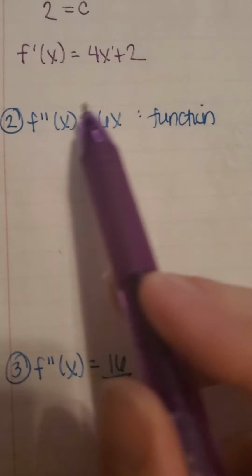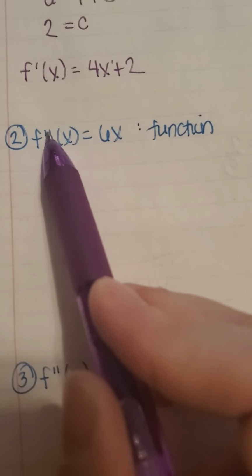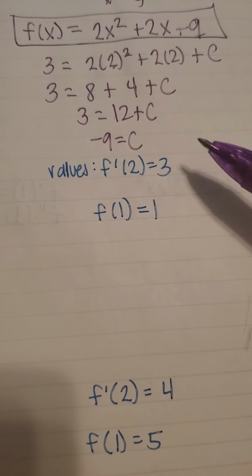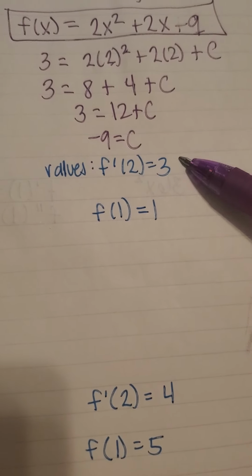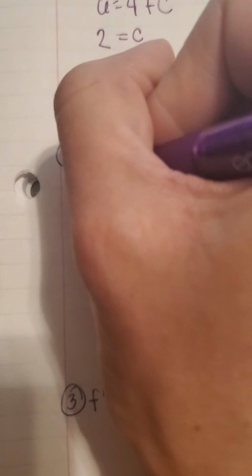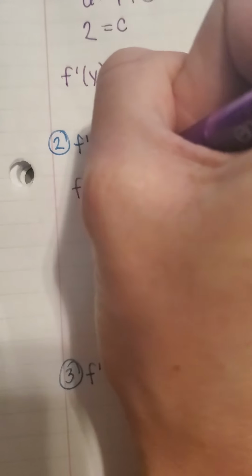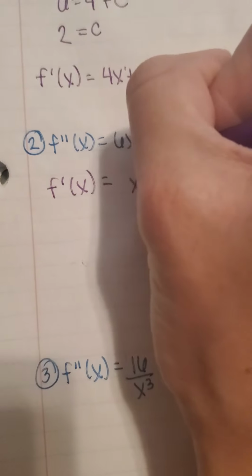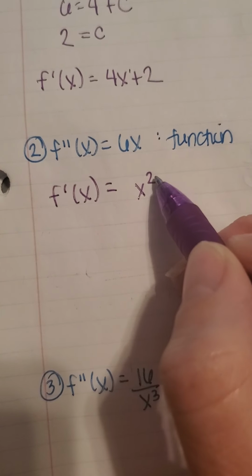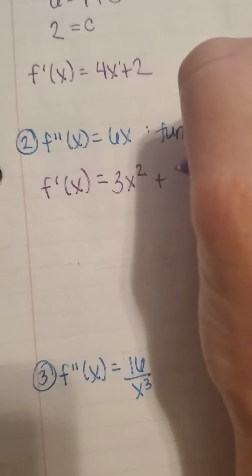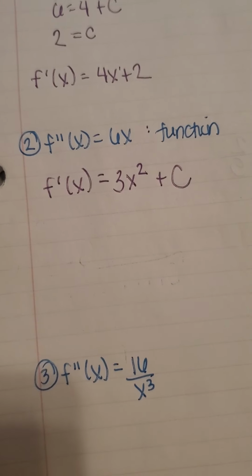If it told me that my second derivative, notice the amount of tick marks there, is 6x, and it says something that happens on your derivative and on your original. So this is my next step. If I have my second derivative and I integrate that, now there's my derivative. Add 1, that makes that squared, then divide by 2, that's going to make that 3x squared plus c.